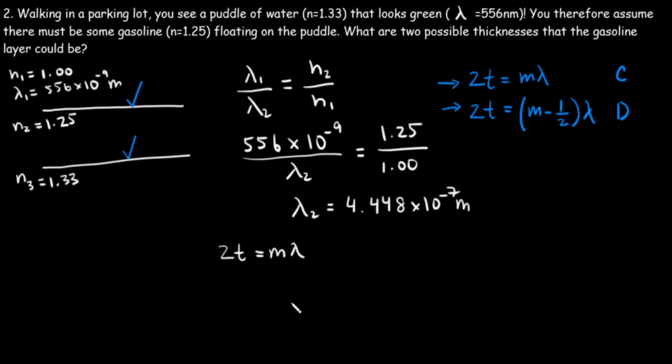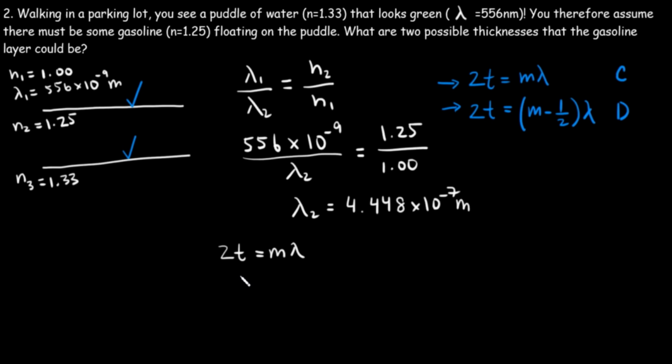So m can be 0, but it's kind of confusing because if m is 0, t is also going to be 0. And it's asking for the 2 possible thicknesses, and I just think that having 0 as your thickness is kind of weird. So to be safe, let's just say m equals 1 and then m equals 2 for the 2 possible thicknesses.